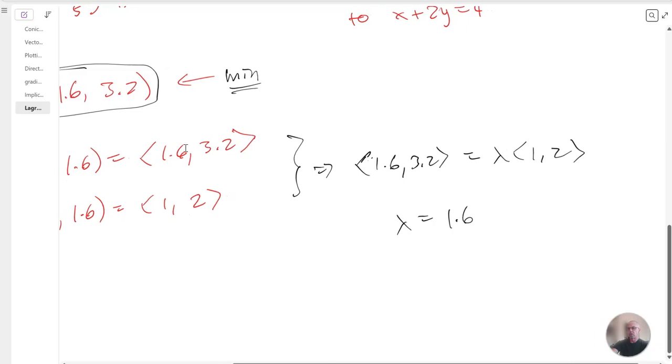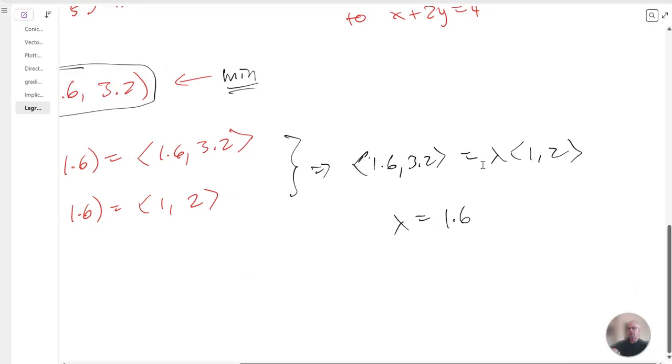So it looks like 1.6 comma 3.2 is equal to lambda times 1 comma 2. And so lambda would be 1.6. So sure enough, the gradient of f at the point is equal to some constant times the gradient of g.